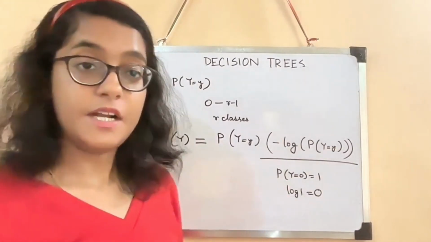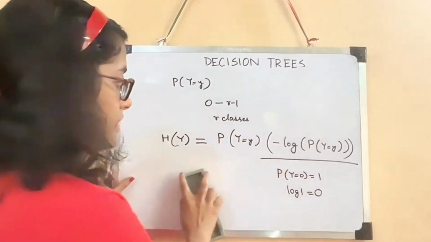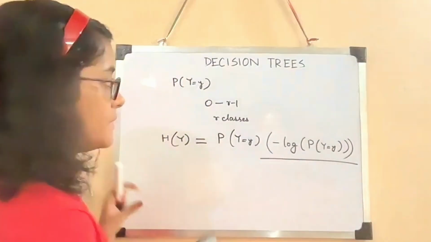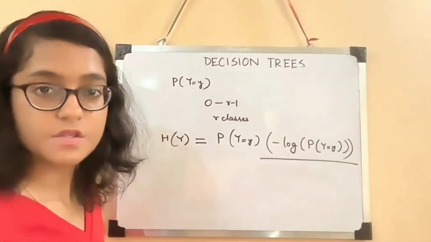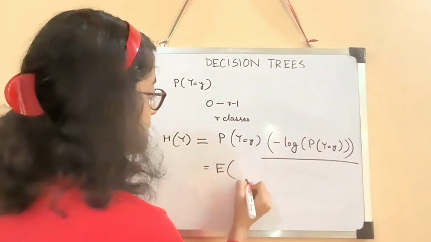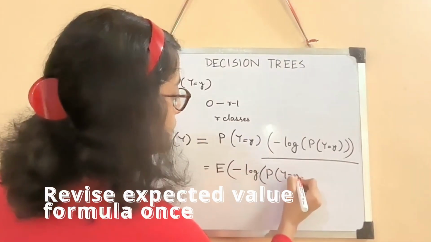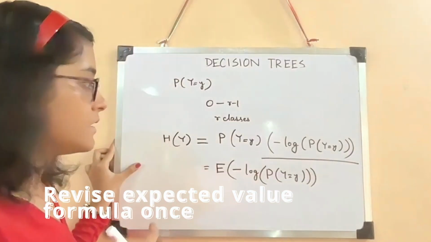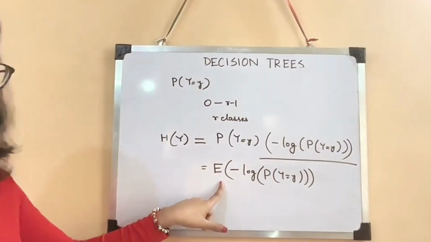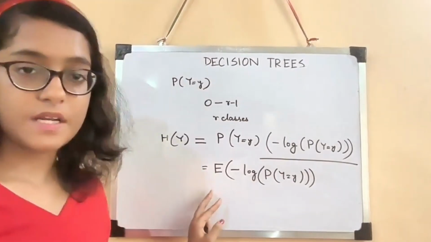Let's try to see it in a different light so that we understand it better. Now we can also think of this in a different way. This is the expectation of minus log of probability y equal y. So the expected value, this is basically our entropy, is the expected surprise.